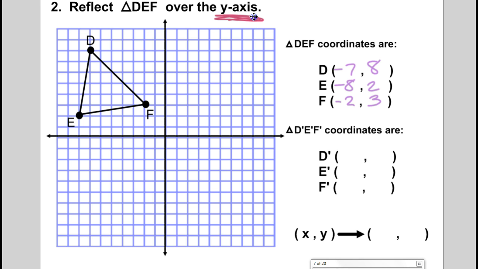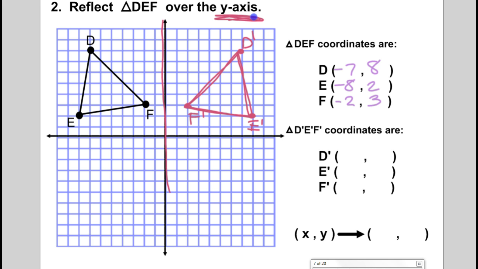So F is 2 to the left of my axis. So I'm going to go 2 to the right, F prime. E is 8 to the left, so I'm going to go 8 to the right. E prime. D is what, 7 to the left. I'm going to go 7 to the right. D prime. So there's the reflection of that triangle.